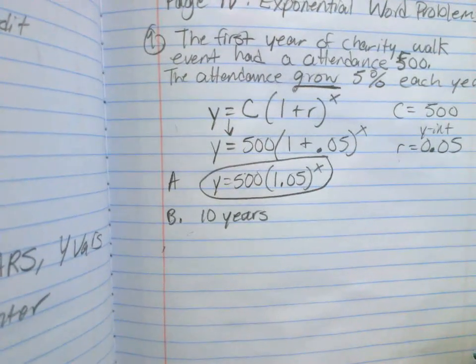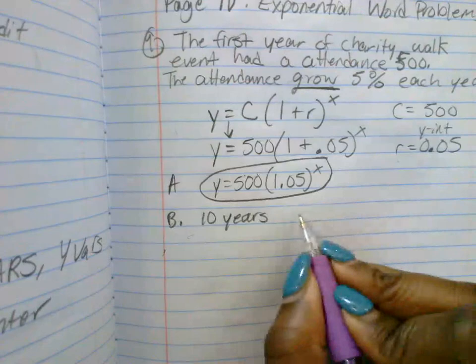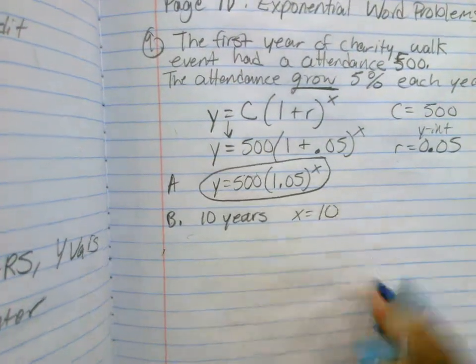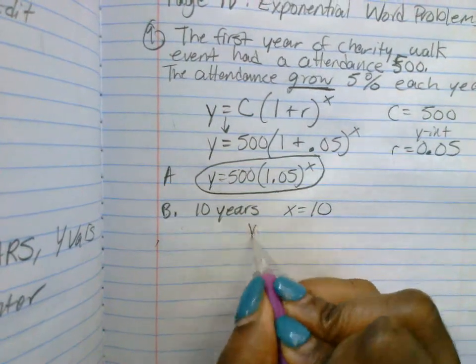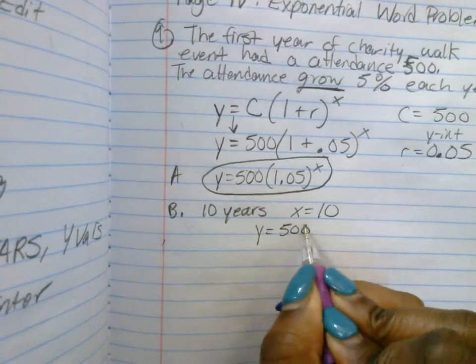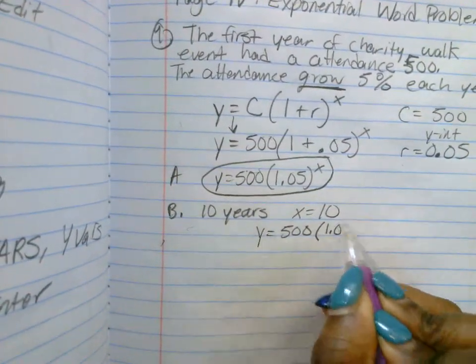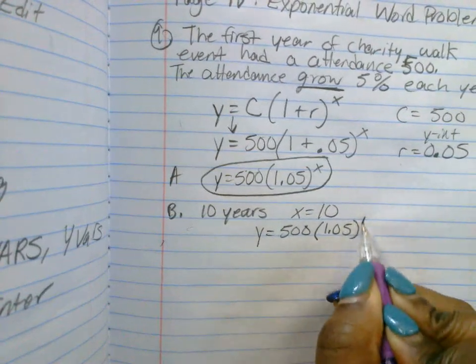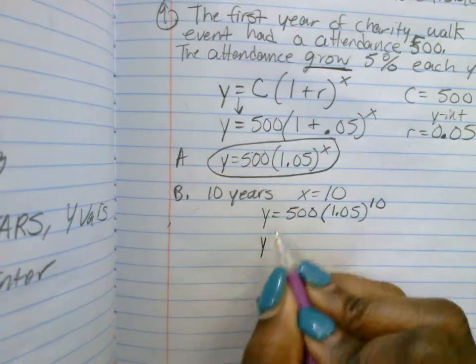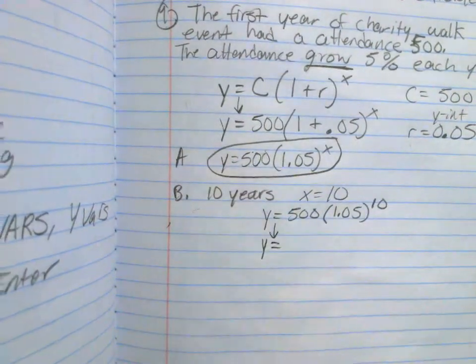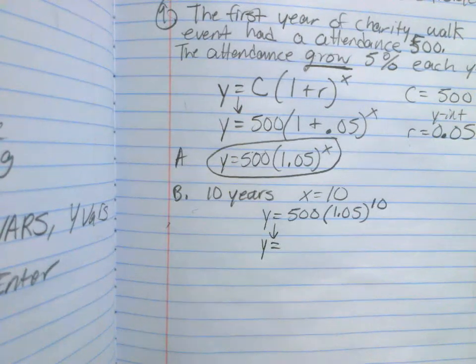X is equal to 10. You're going to substitute 10 in for X to figure out what the Y is. So you have Y is equal to 500 times 1.05 to the 10th power. Let's type this in and see what our answer is.